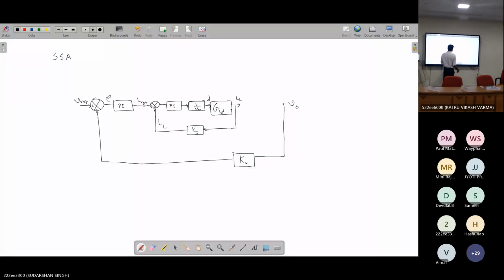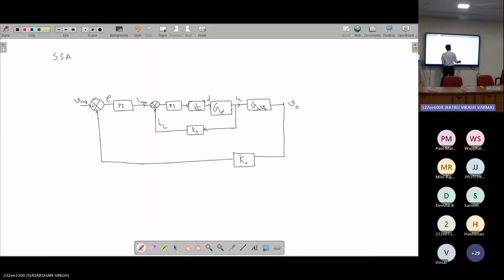Now you need to have a transfer function to get the V0. You need a transfer function between inductor current and the output voltage. So this is nothing but your GILV0.